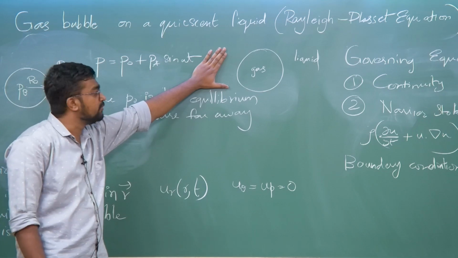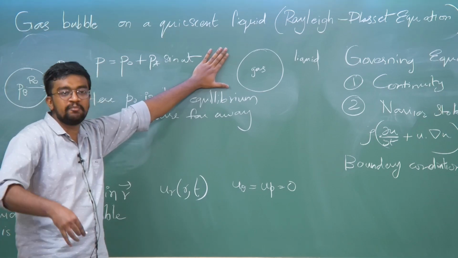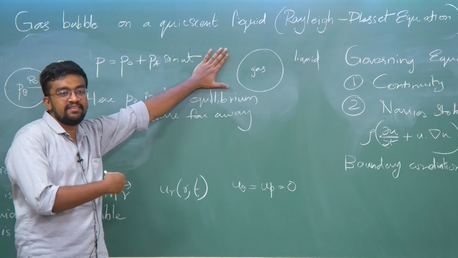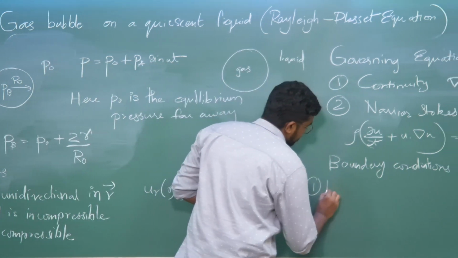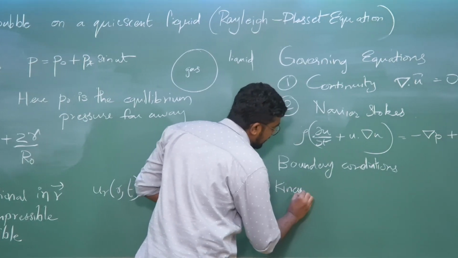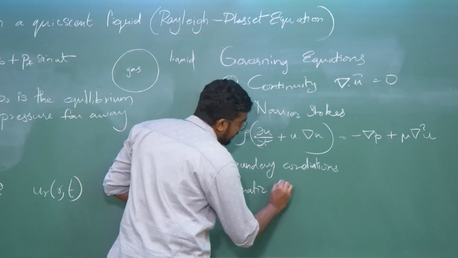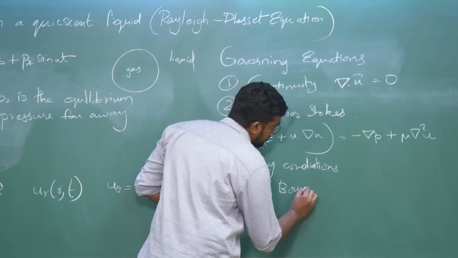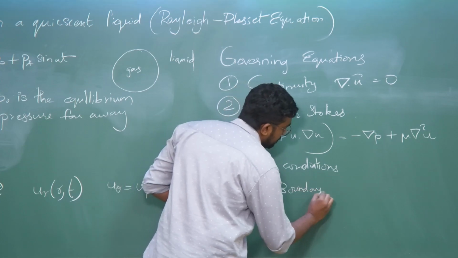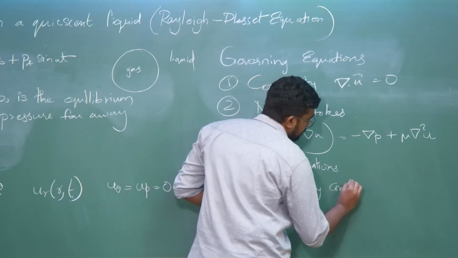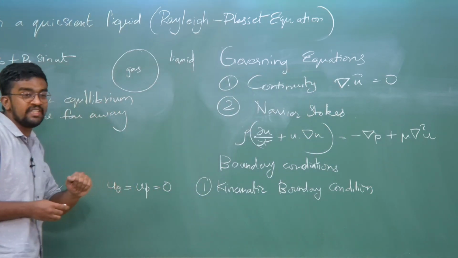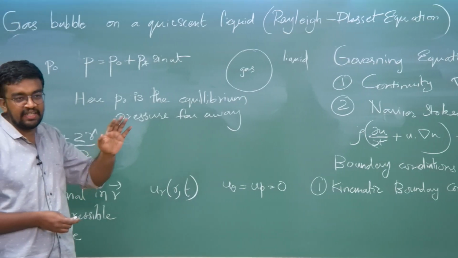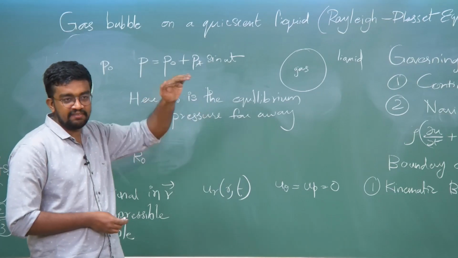No slip. That no slip is called the kinematic boundary condition. I will explain this kinematic boundary condition. No slip that you mentioned is actually continuity of velocity at the interface.